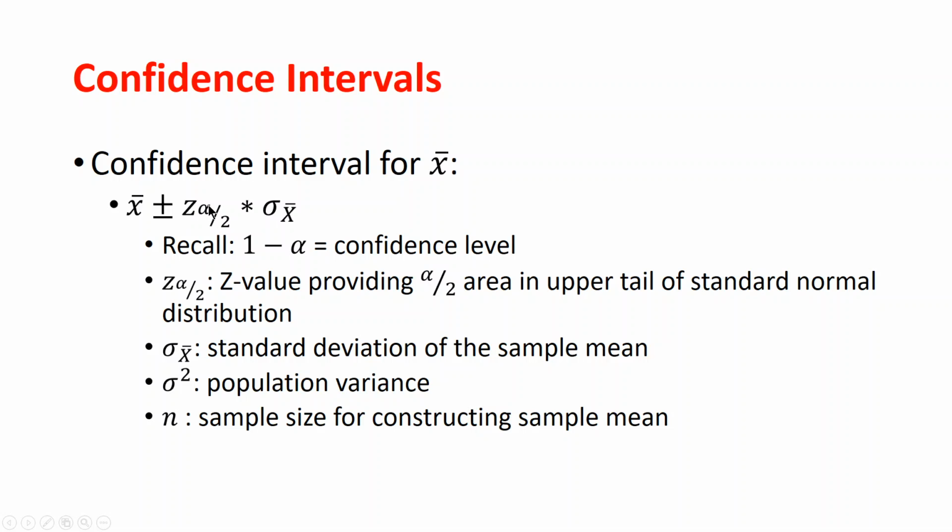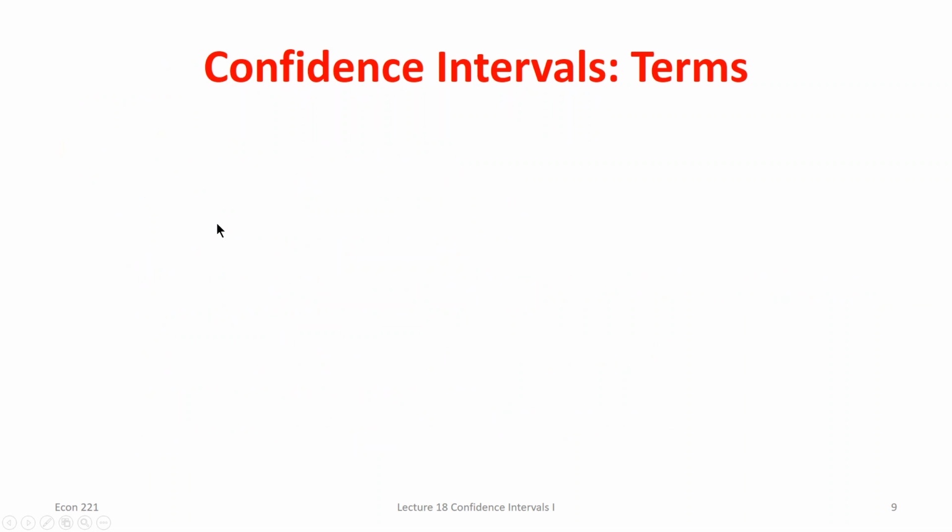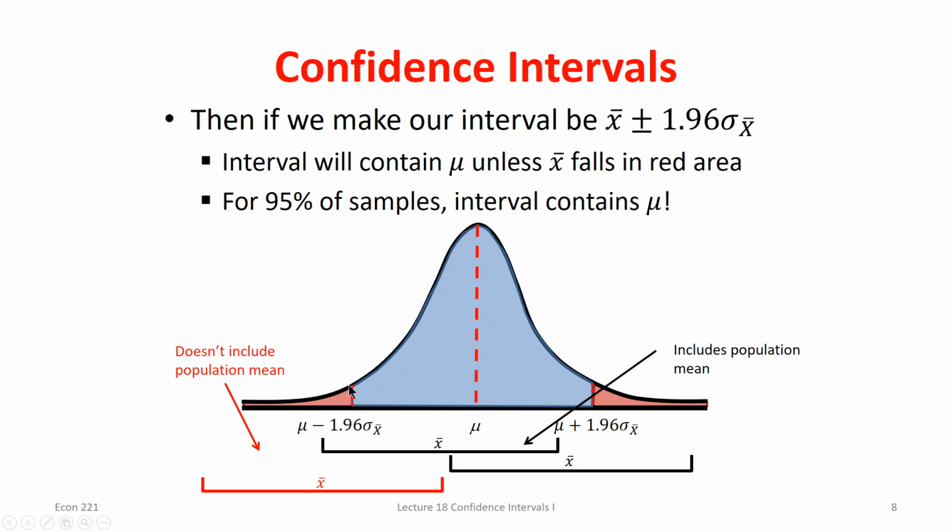So the reason why, if I want a larger alpha, that means the area that I want in each tail would be larger. How do I make this area larger? I would have to go a certain number of standard deviations not as far from the mean. I can't go quite as far.